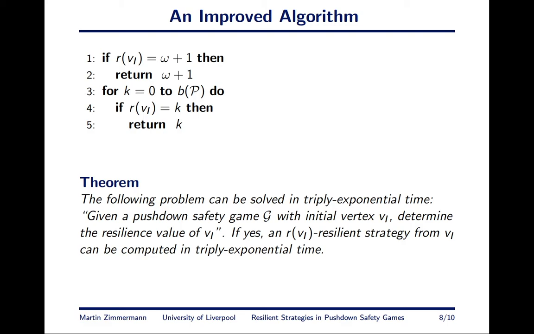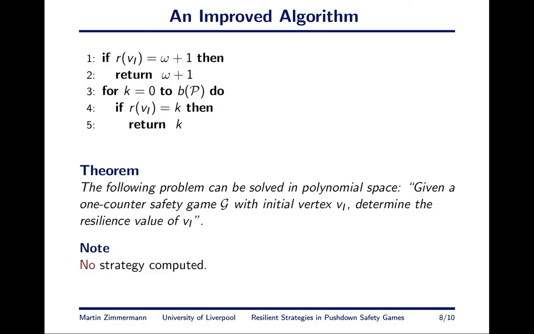For one-counter systems, remember that we had slightly lower complexities, so this would yield something naively like a doubly exponential space algorithm. But with a lot more effort, we will actually show that the problem can be solved in polynomial space if you have a one-counter safety game.